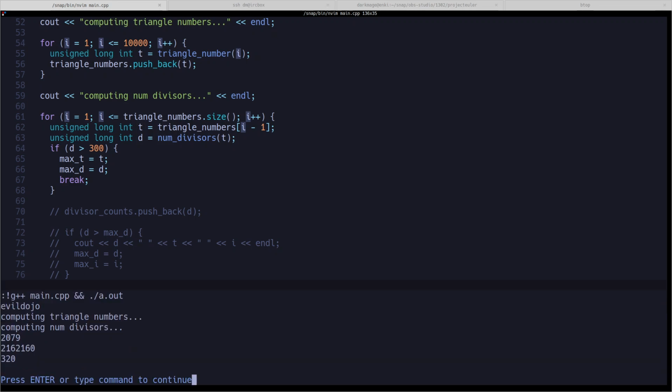So the first triangle number to have over 300 divisors is the 2079th triangle number, and it's 2162160.